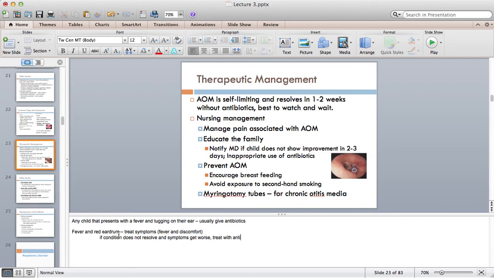However, if the child has fluid in the ear, that's a different problem altogether. So again, we are teaching the patient and family.